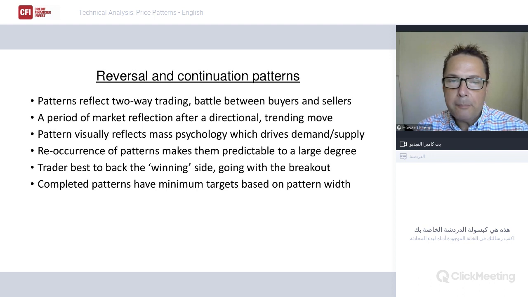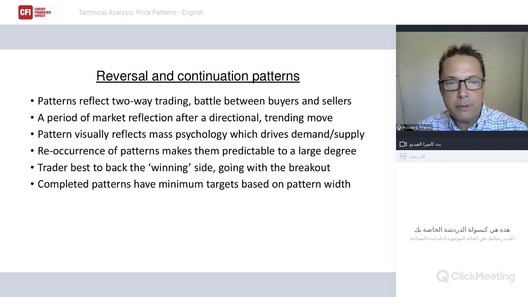So a trader's job is not so much to predict the market's direction per se, it's really to figure out the path of least resistance. Which way is the market likely to go? And to back the winning side at the end of the day. Bias should not really come into it. A bias should be determined by the facts on the ground.